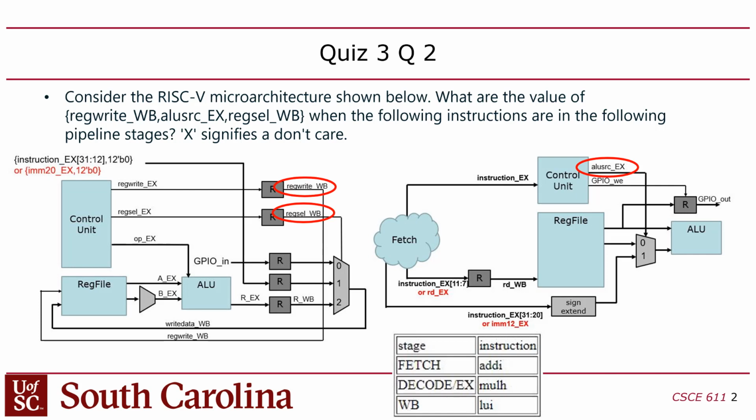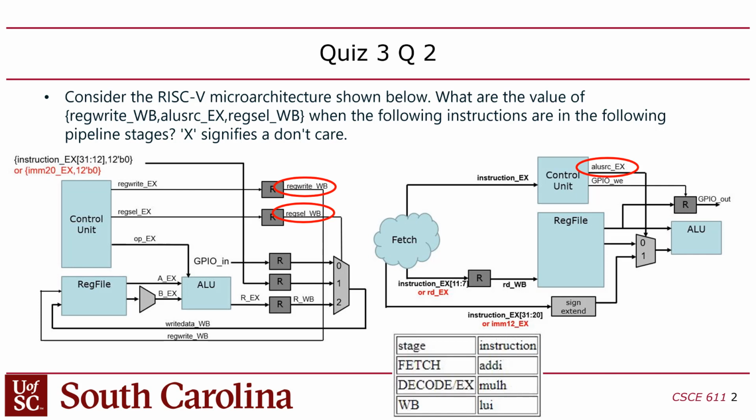That's the upper 20 bits of the instruction, which is that weird U type. It's the immediate value, a 20-bit immediate. We're going to pad it out with zeros, and then we have to route it through the second input on that mux. So for LUI, reg select WB should be a 1, so we can route the immediate through the mux.